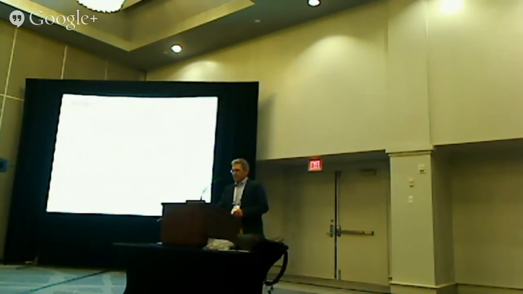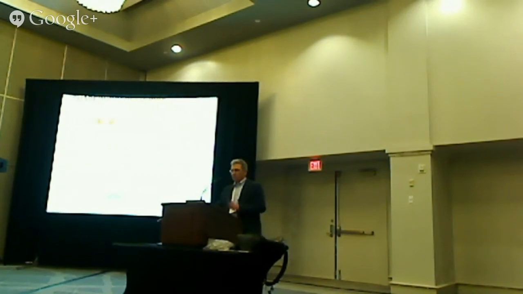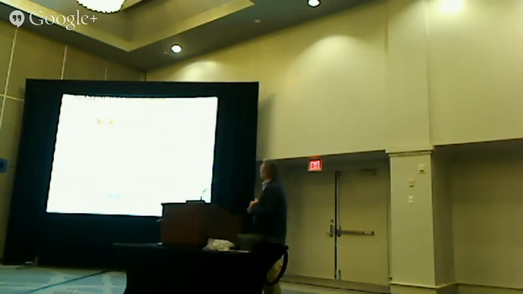So for instantiation, there are two concepts very important and very useful: what we call shared node resource and shared resource. Here is an example of a portfolio. We have the root, node-wise, and here we have some information.